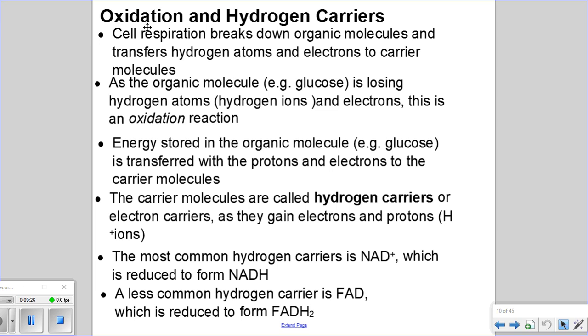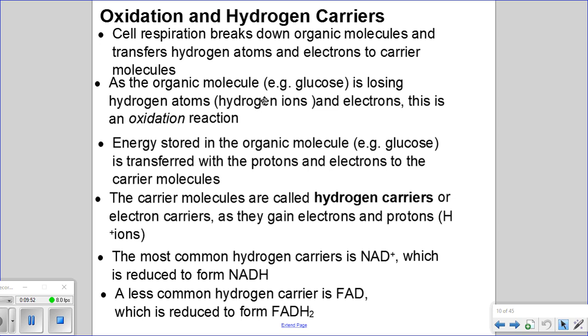With these redox reactions, they occur involving what are called hydrogen carriers. Cell respiration will break down organic molecules and transfer hydrogen atoms and electrons to carrier molecules. So this is the redox part here. As that glucose is broken down, hydrogens are removed from it, electrons are removed from it, and transferred to a different molecule.